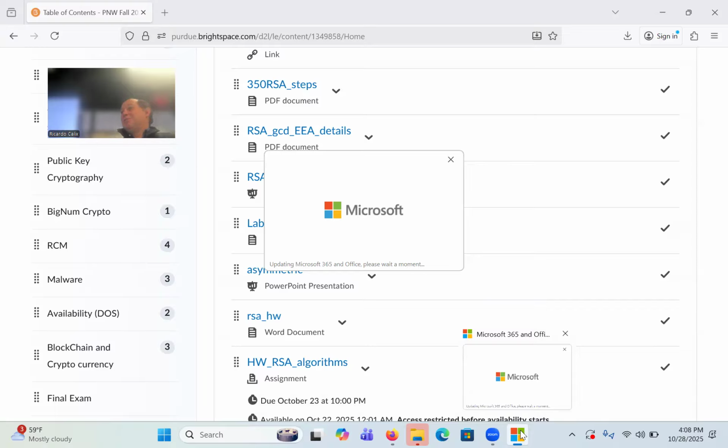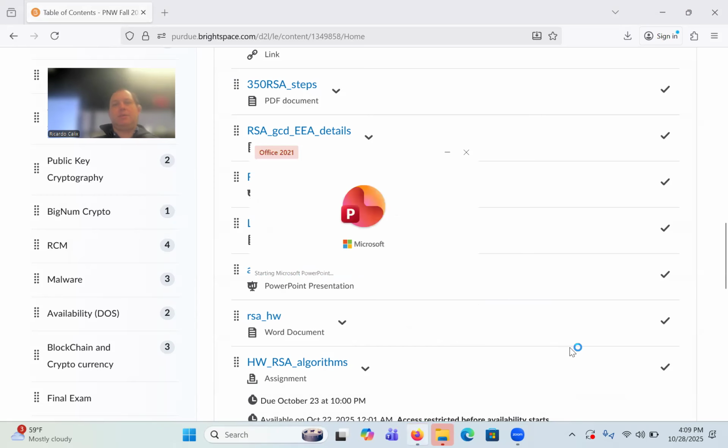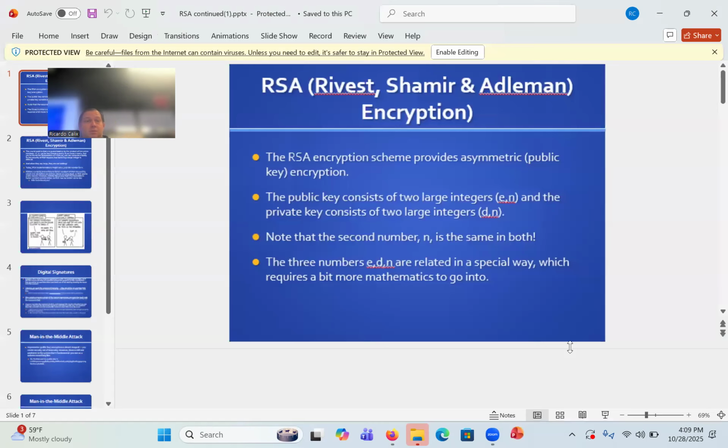This is why everyone loves Windows, right? Because it always wants to update. Always. Okay. Type of PowerPoint, maybe. All right, so these are not very long.